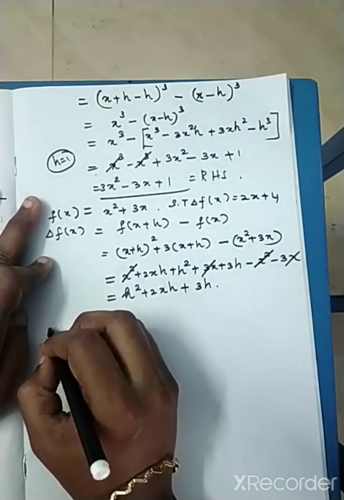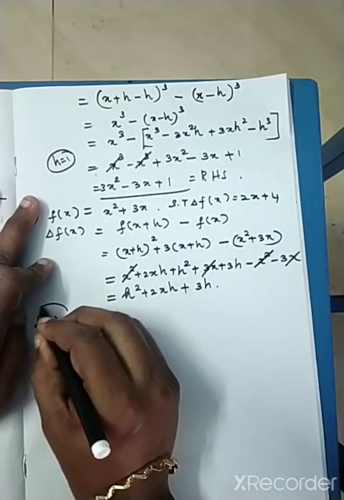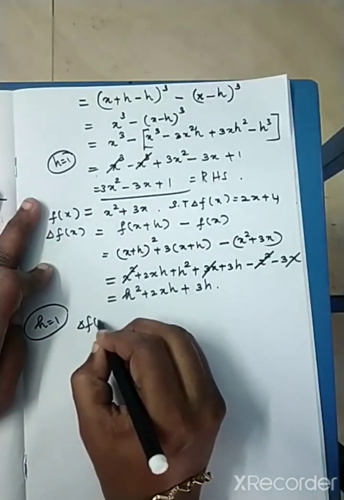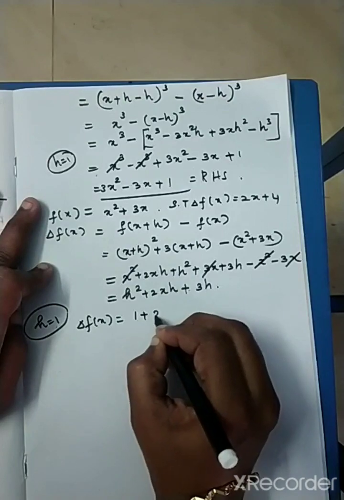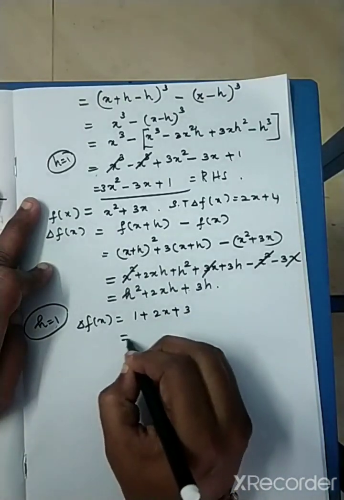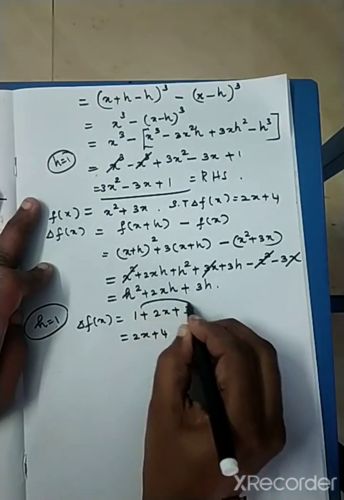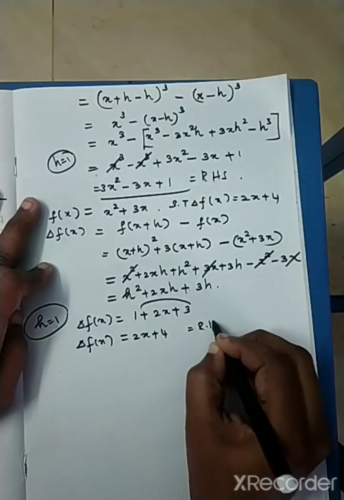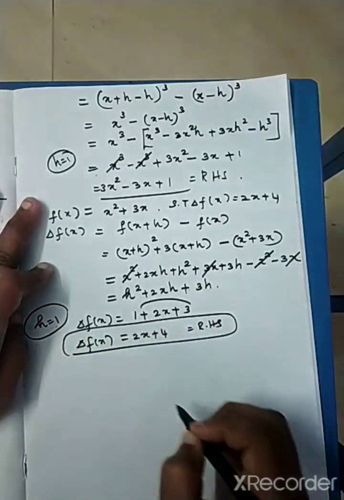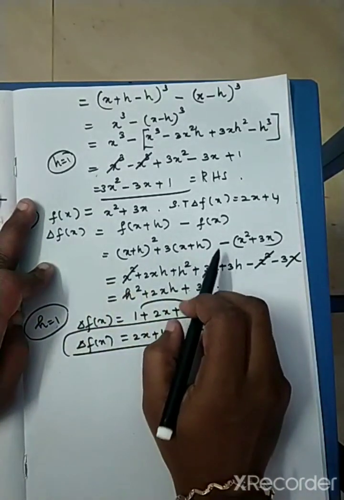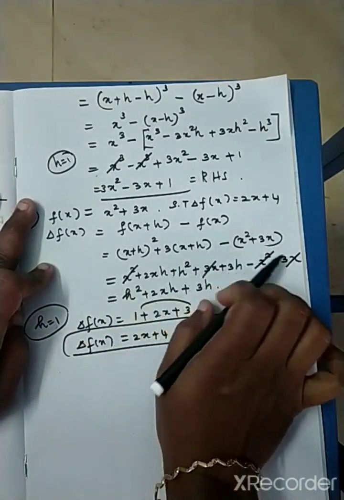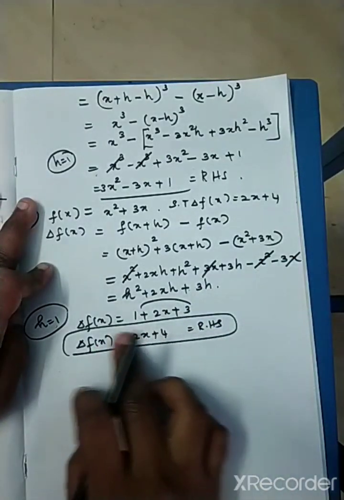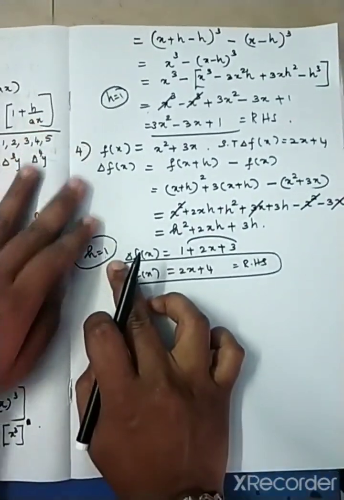Now if I put h is equal to 1, what will my delta f of x become? 1 plus 2x plus 3, which is equal to 2x plus 4. I add this, so I am getting my right hand side, hence proved. Okay, I just applied the formula, I expanded, and then finally I am simplifying with h is equal to 1.